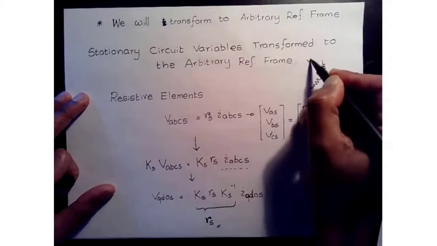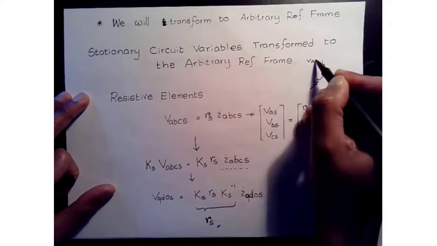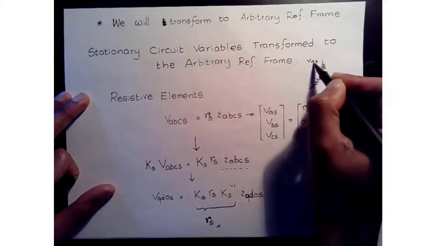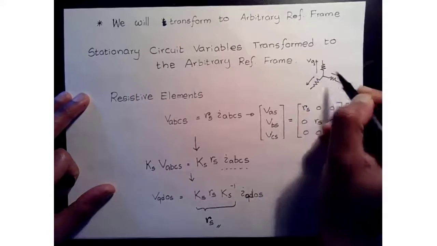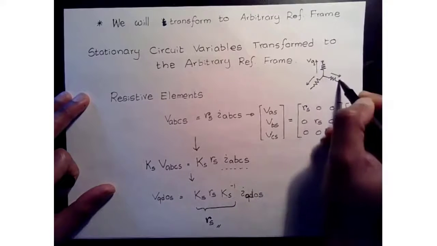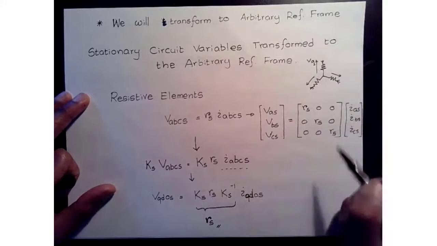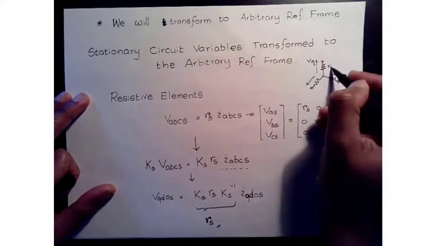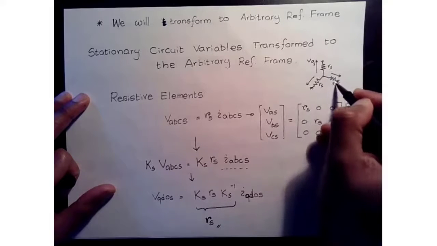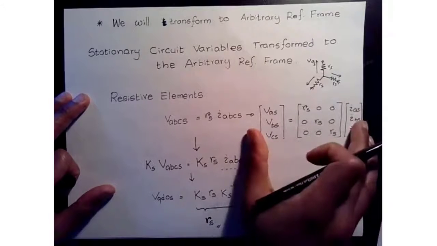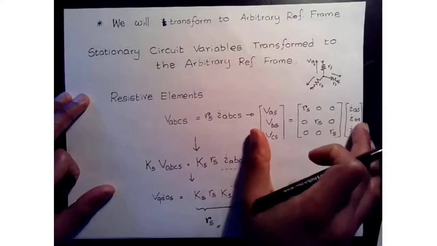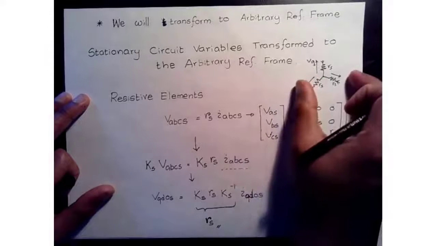We have our VAS. This is our VAS applied. This is VBS. This is VCS. And then you have your currents flowing, right? And these are resistive elements. Okay. And then this is the simple representation we can come up with for this system.